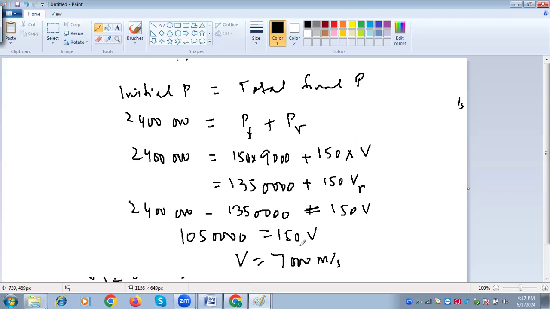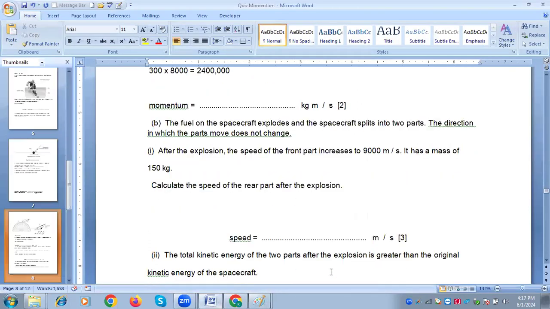The rear part moves with a velocity of 7,000 meter per second. Okay, so this is done.